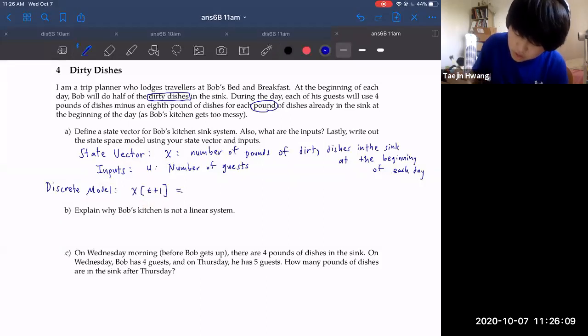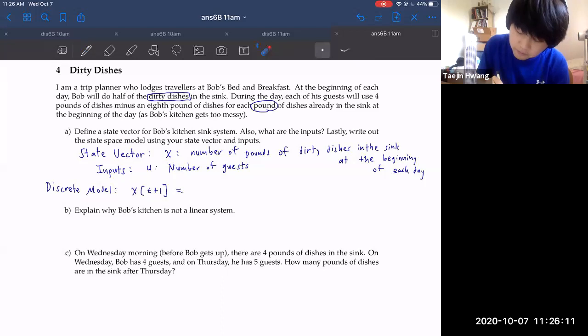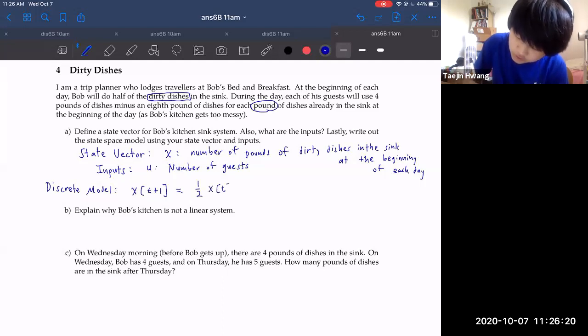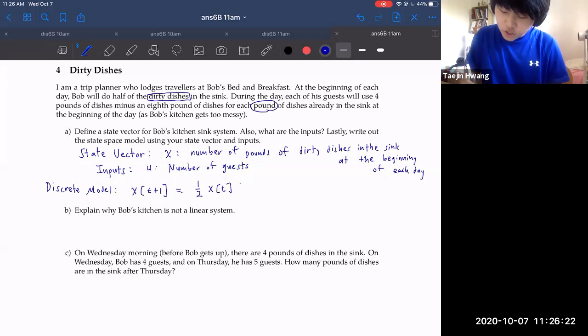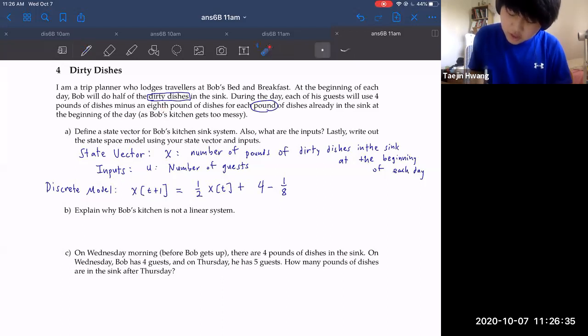And that's going to be equal to, well, Bob's going to do half the dirty dishes in the sink. So he's going to clear out half of what's currently in the sink. And then during the day, we're going to have guests that arrive. And the guests are going to use 4 pounds of dishes minus 1/8 times the number of pounds of dishes already in the sink.